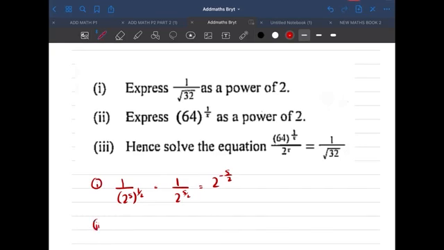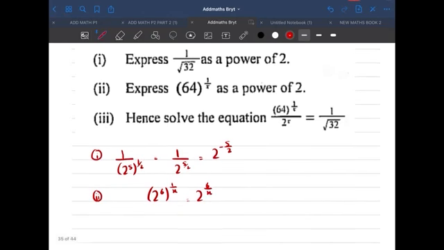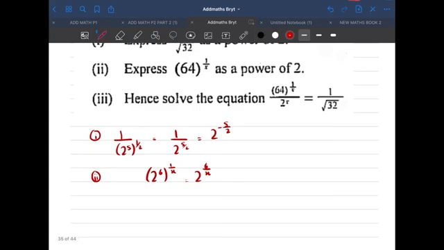In part 2, about 64, can I write 2 power 6, and 1 upon x? So my answer will be 2 power 6 upon x. Got this? Now part 3. How will I solve this? 64 power 1 upon x I just found out is equivalent to what? 2 power 6 upon x.